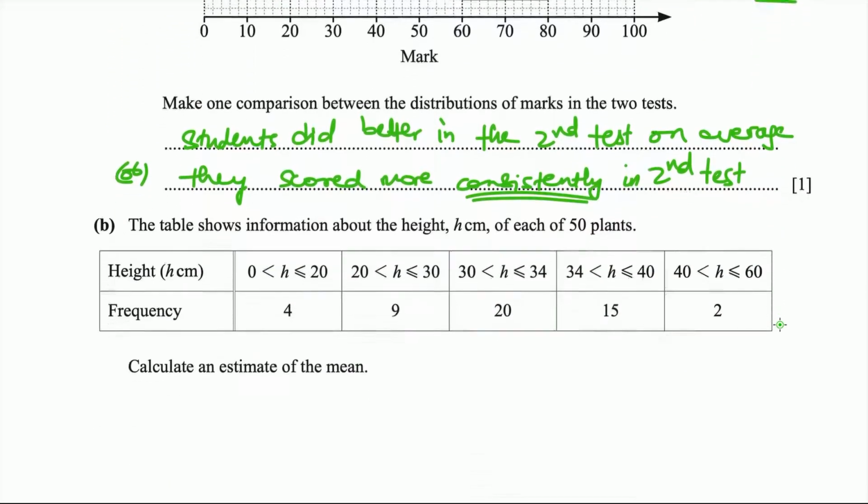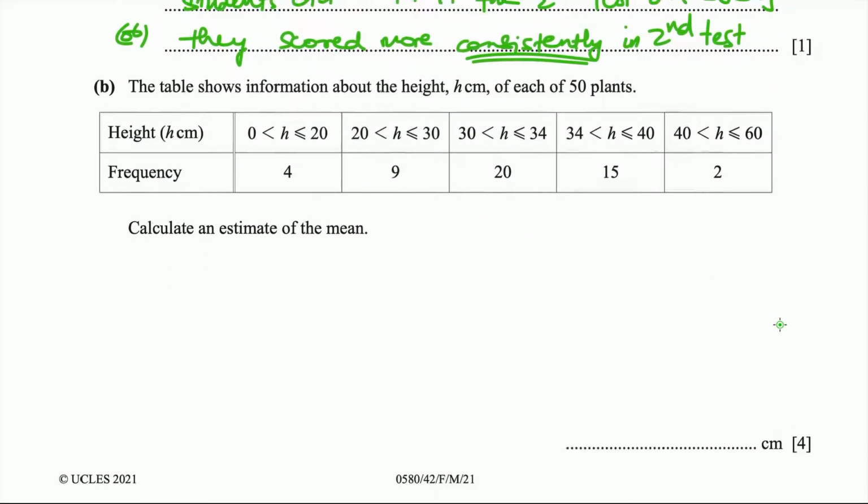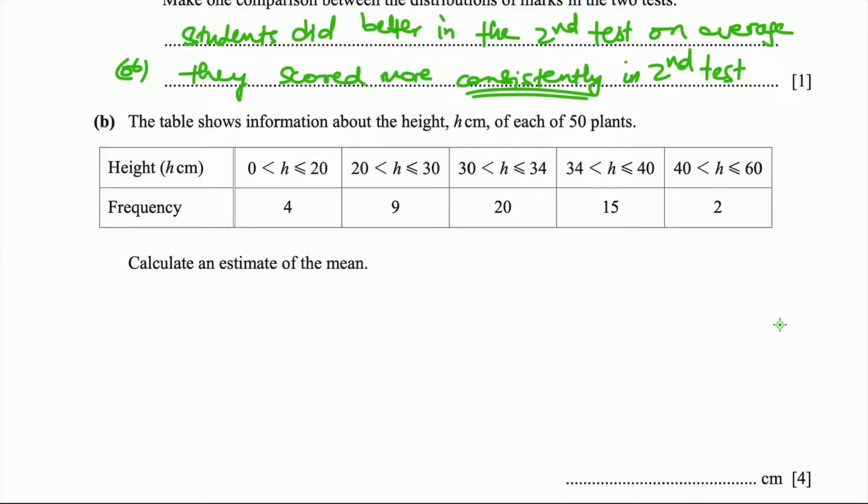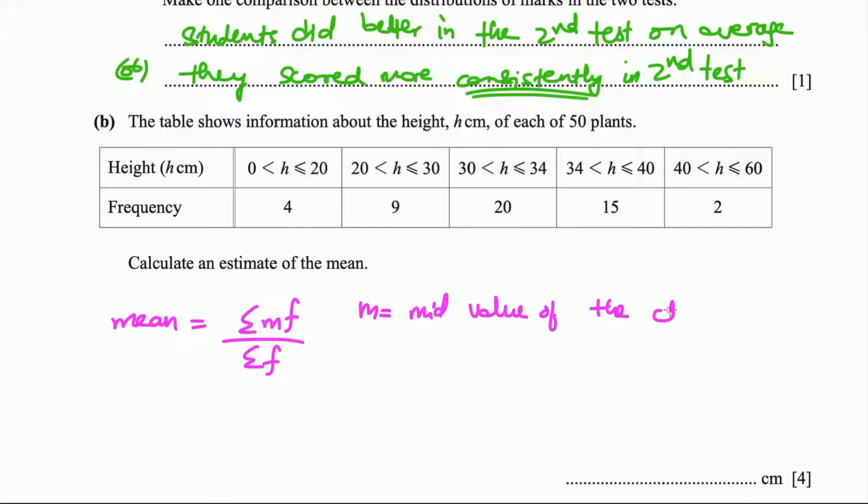So let us go to the next part. The table shows information about the height h of each of 50 plants. We are given the class intervals as well as frequencies. Now, estimate the mean. So mean is sigma m f by sigma f, where m is the mid value of the class.